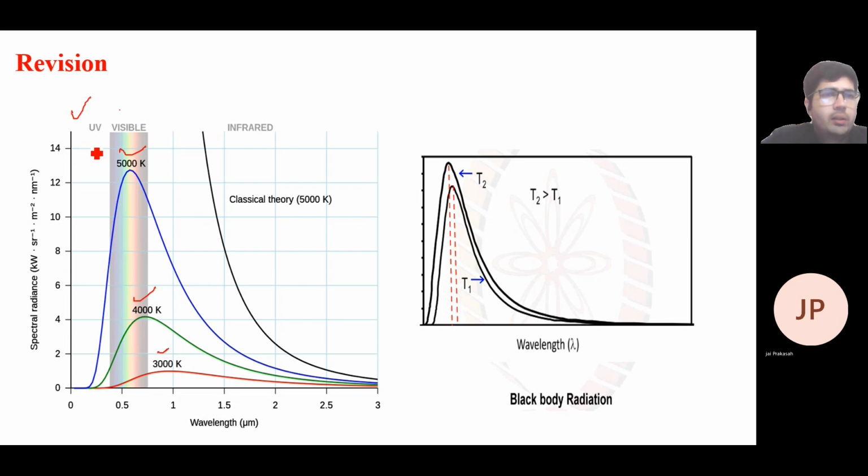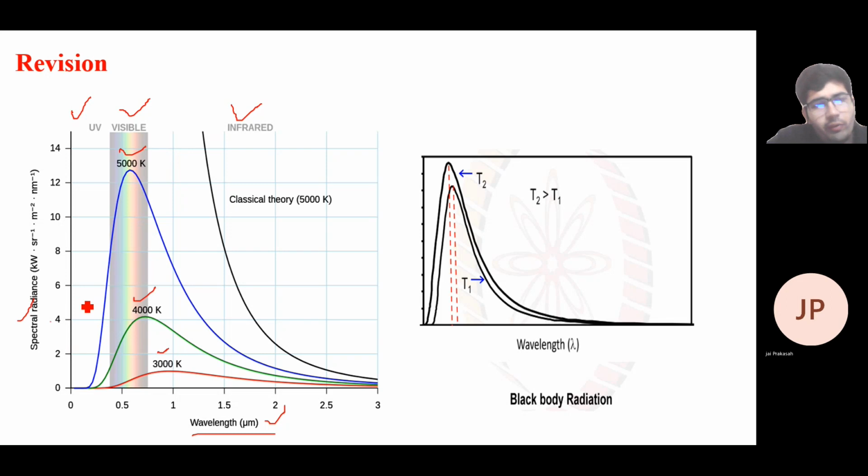This is UV, this is visible, and this is infrared. The lower x-axis shows the wavelength in micrometers, and the vertical y-axis shows the spectral radiance. So here you can observe that we have three wavelength ranges: one is UV, second is visible, and third is infrared.